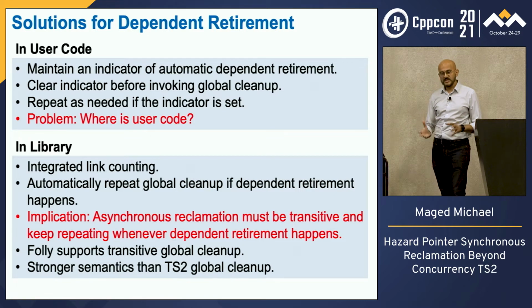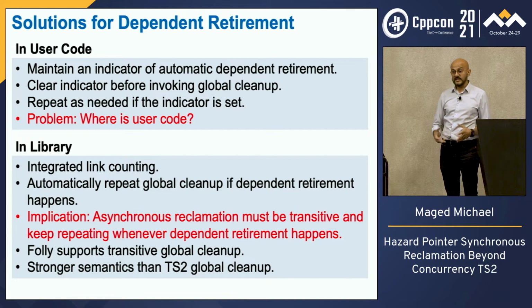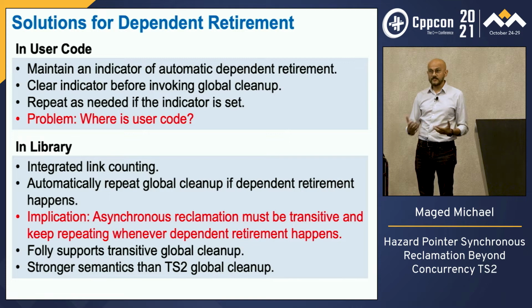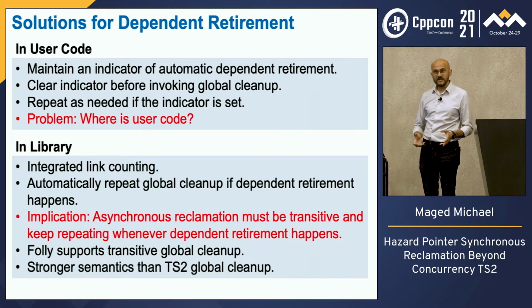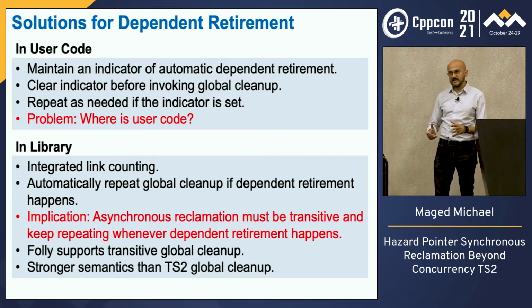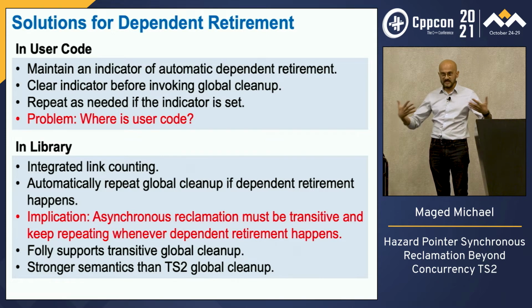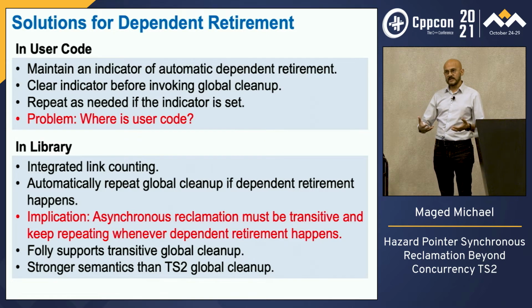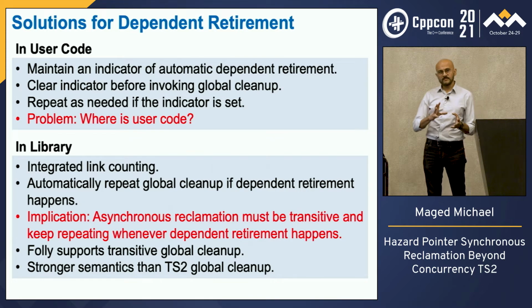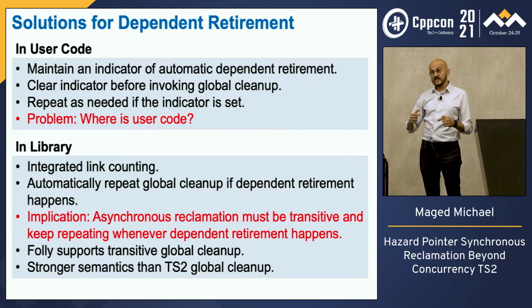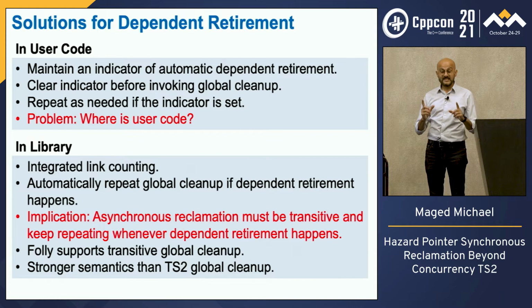So in the Folly library, we put that in the hazard pointer library itself, but that entailed integrating link counting in the hazard pointer library. We have this capability in Folly, but there are still downsides. When we do asynchronous reclamation, because it interacts with the synchronous reclamation of global cleanup, whenever asynchronous reclamation retires a linked object, it will know to do another round of asynchronous reclamation.